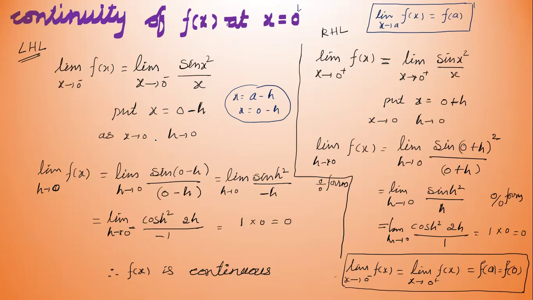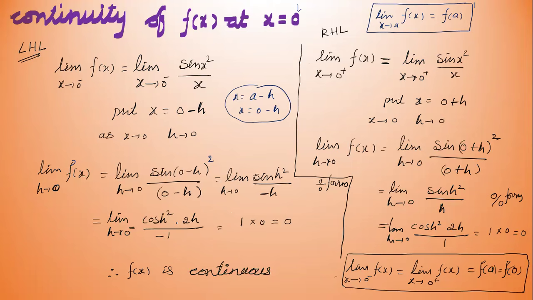As x tends to 0, h tends to 0. Limit h tends to 0, sin of (0 minus h) whole square divided by (0 minus h), which is limit h tends to 0, sin h square divided by minus h. It is in 0 by 0 form, indeterminate form.